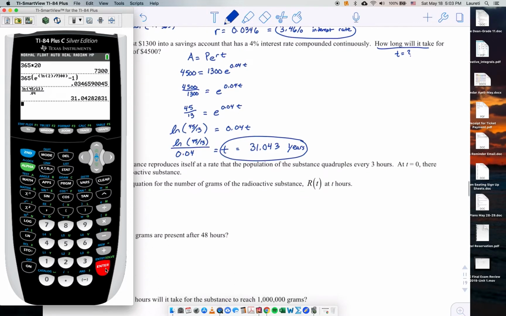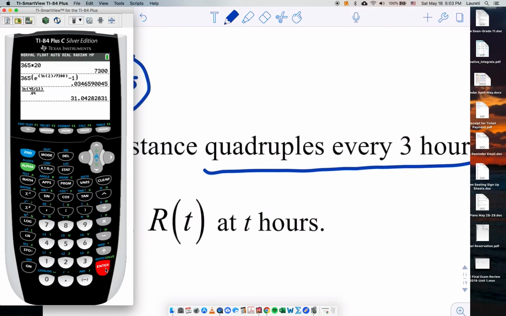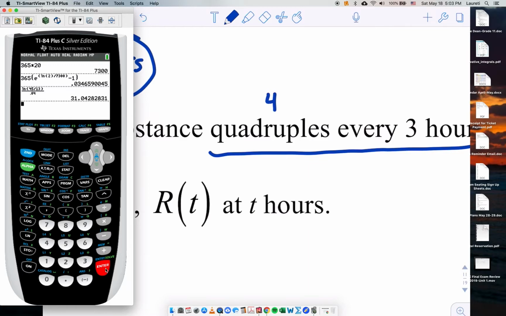Okay, number 57. A radioactive substance reproduces itself at a rate that the population of the substance quadruples every 3 hours. At t equals 0, there are 6 grams of the substance. Write an equation for the number of grams of the substance at t hours. If it quadruples every 3 hours, that means my rate is going to be 4.